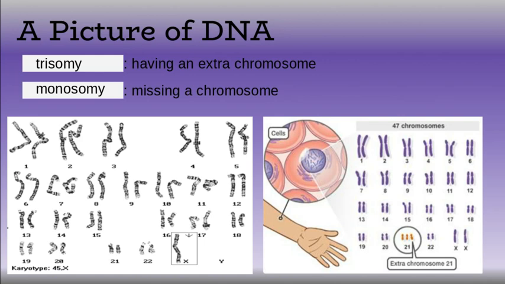There's an example on the slide here actually. So the bottom right example, if there's 3 chromosome 21s, we say that's trisomy 21. If somebody is missing a chromosome for any of the pairs, we call that monosomy. Mono means 1. So if there's supposed to be 2 and there's only 1 chromosome there, they're missing one, that's monosomy.